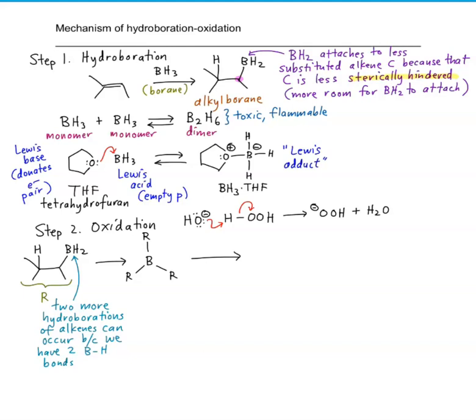So now you get what's called the hydroperoxide ion. And this boron is still sp2 hybridized. It only has 3 bonds, and so it has an empty p orbital. The hydroperoxide ion can attack that.